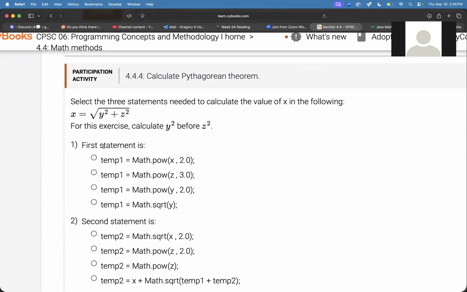So if you were trying to calculate this in pieces, the first thing would be to calculate y squared. So if you look through here, which one of these is calculating y squared? And it looks like the third one, right? Math.pow y 2. So that's y squared. After you calculate the y squared, you could calculate the z squared.